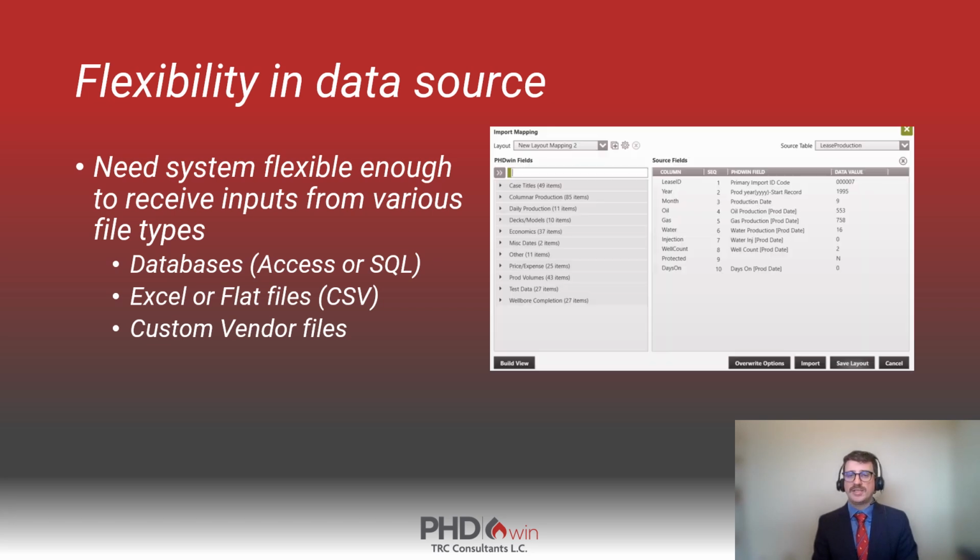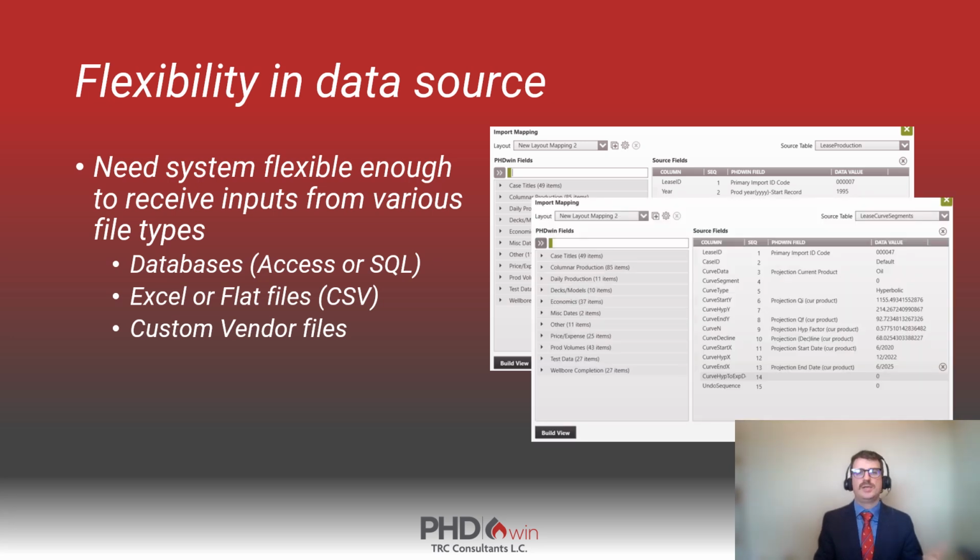Once you're able to access it, you need to be able to import it and identify that what is in this column in this Access file or this Excel file is equal to this data point in your corporate data system. You're going to want to be able to import all kinds of data, not just general information or production data, but also projection, expense, and investment information.